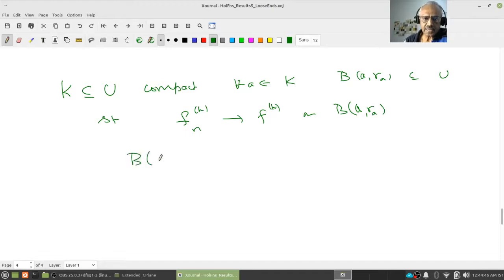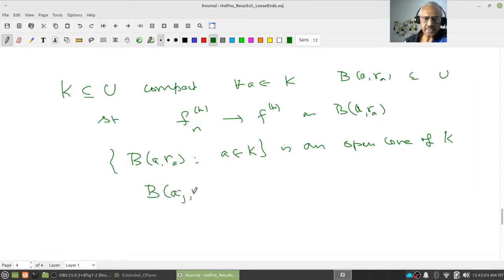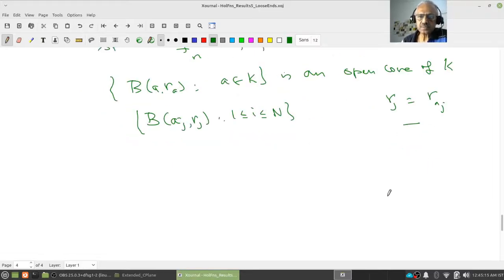Now the collection of balls as a varies over K is an open cover of K. Therefore by compactness there exist balls B(a_j, r_j), 1 less than or equal to j less than or equal to some capital N, where r_j is r of a_j. This is a finite subcover, right?